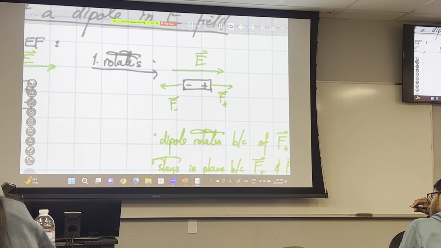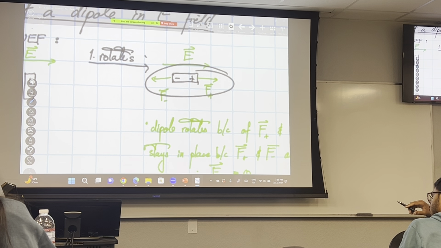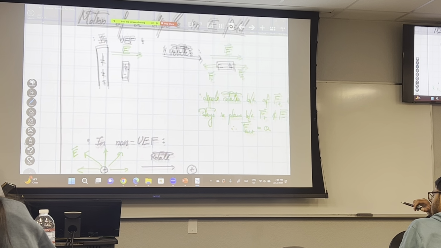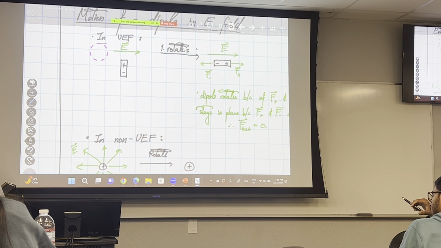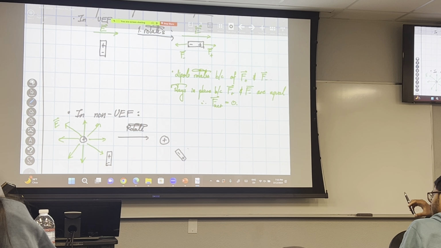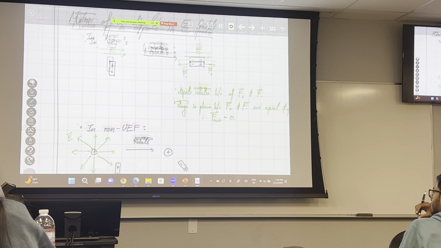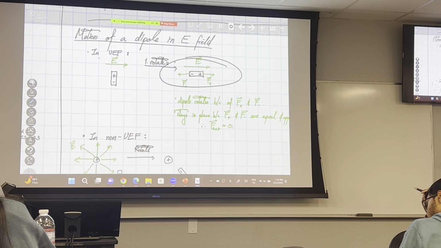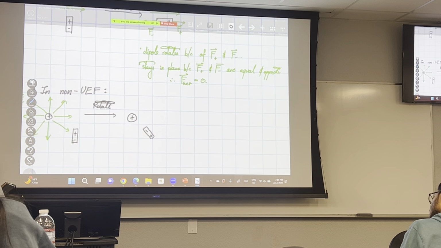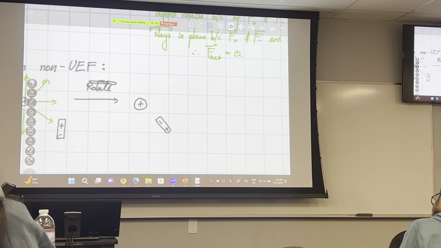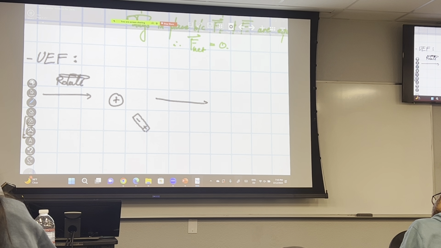No, in this case, I'm telling you, it will rotate and then it will stay in place. The question I'm posing to you is how come in this scenario you're saying it's going to move, however, in this scenario it won't move? Because the negative charge is closer to the positive point charge than the positive charge on the dipole is, and in the uniform electric field, neither charge on the dipole is closer.